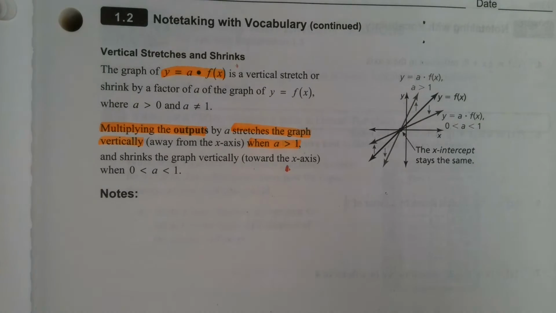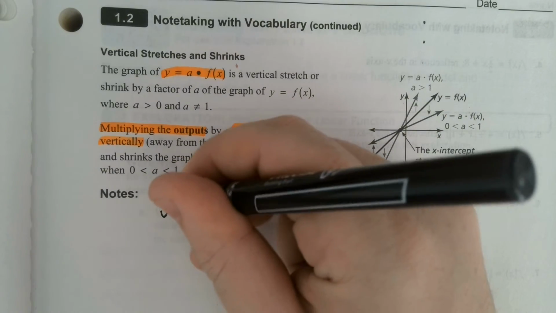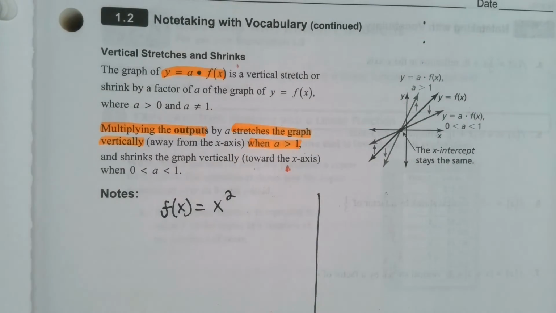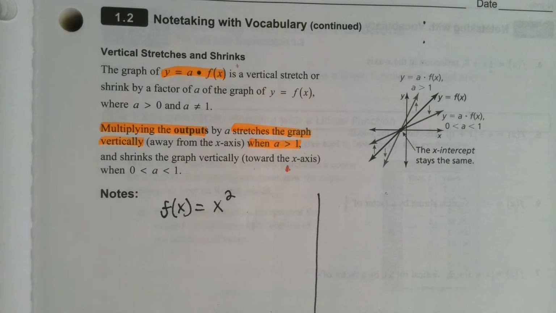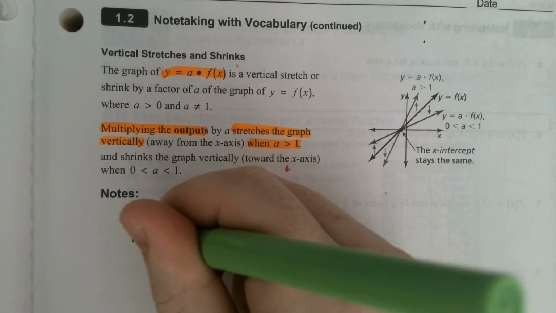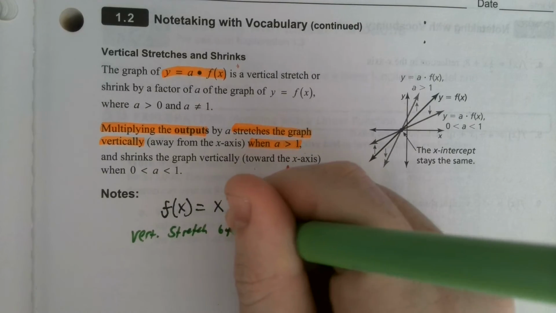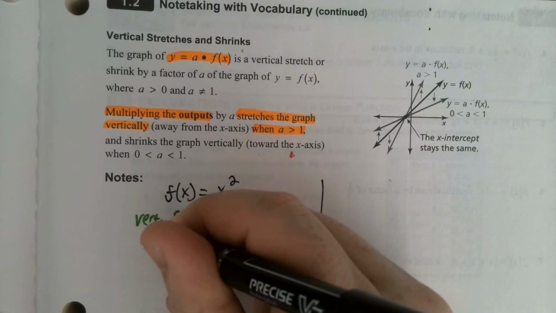Before we do, I want to take a look at the equation that we might see. Again, we're starting with f of x equals x squared. If we wanted to vertically stretch it by a factor of 2, we're just multiplying the entire equation by 2.